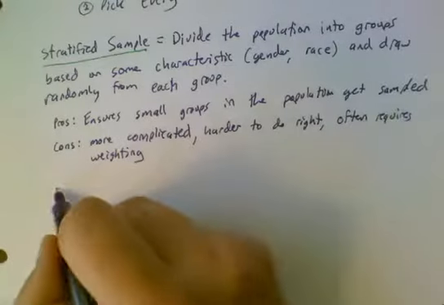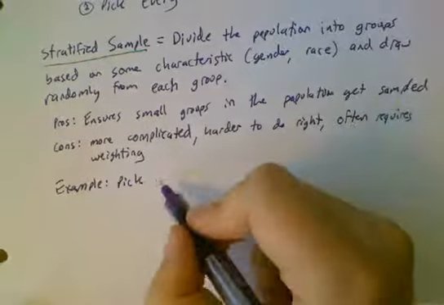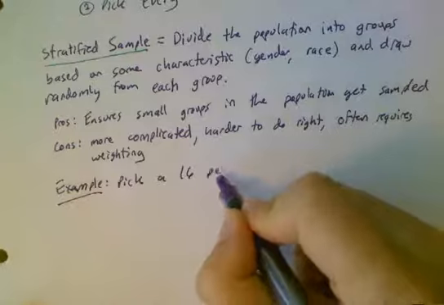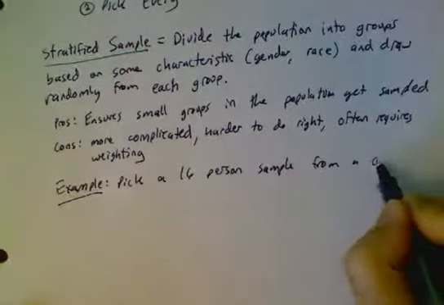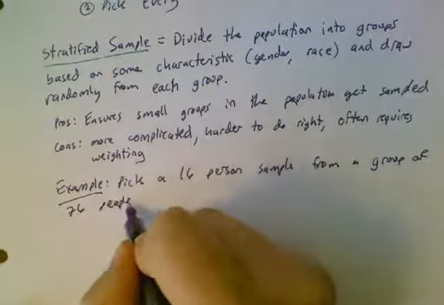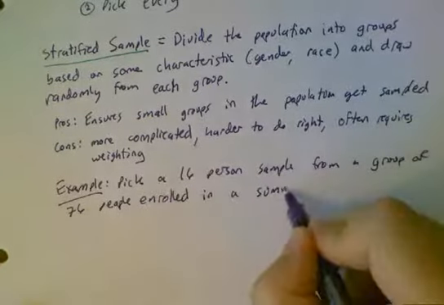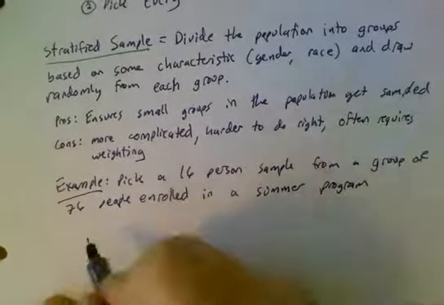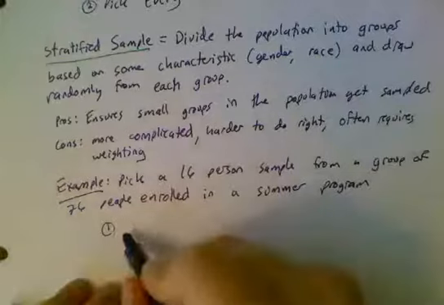So to give an example of that, we're going to pick a 16-person sample from a group of 76 people enrolled in a summer program. So what we would do first is we would divide the population into groups, and let's say based on gender.